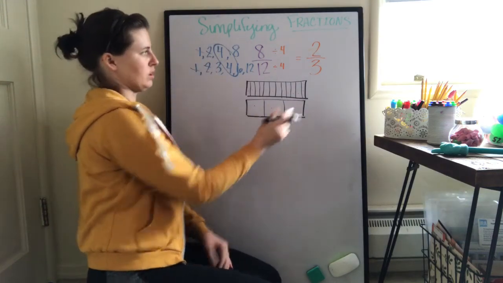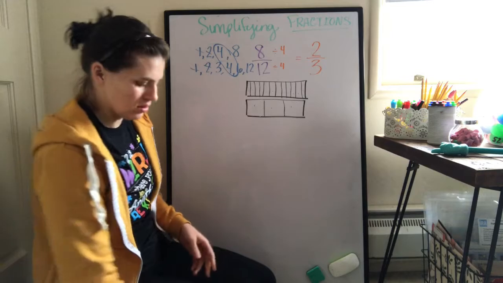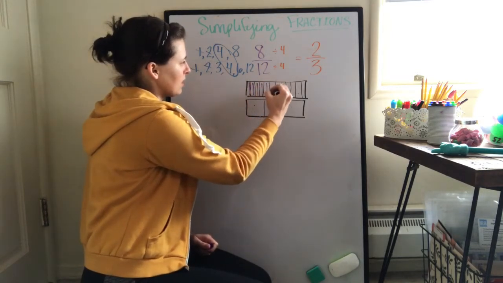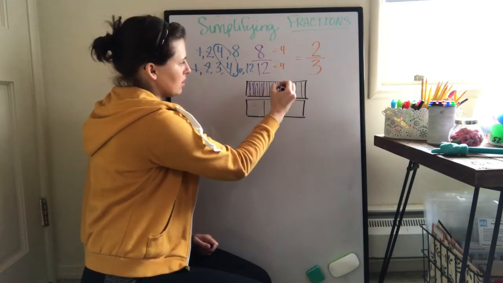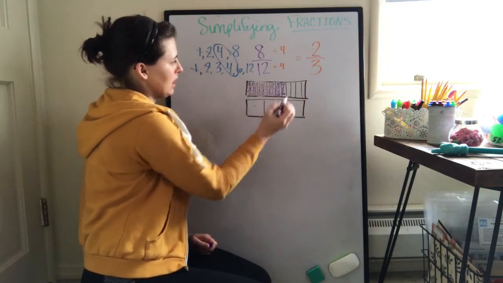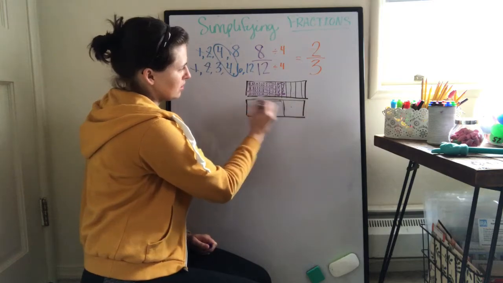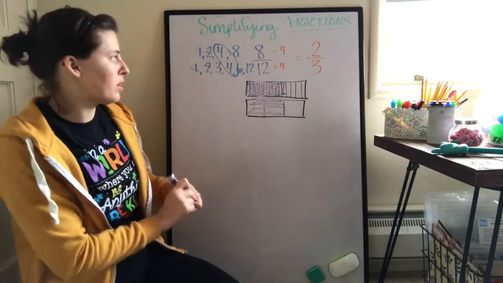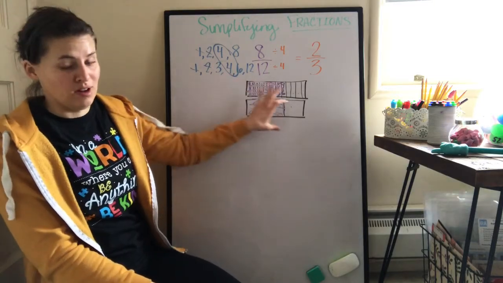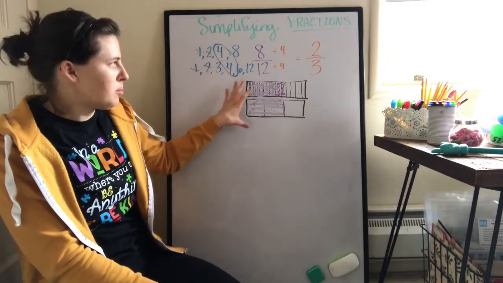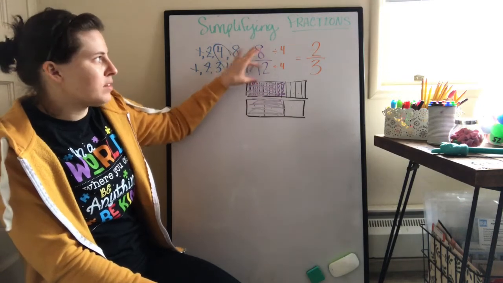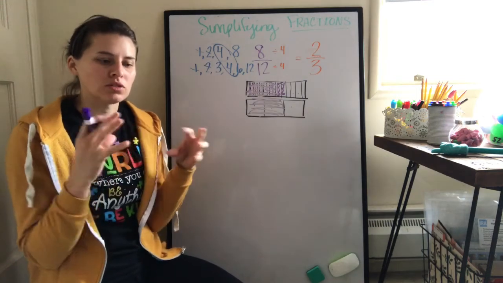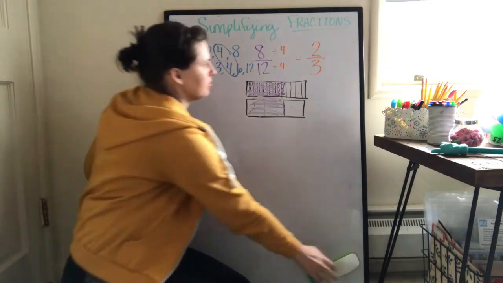Right, 1, 2, 3. So 8/12: 1, 2, 3, 4, 5, 6, 7, 8. So all of these are colored. And let's do 2/3. Okay, they're the same. What's the point I'm trying to make? I know it's not perfect because my drawing is not perfect, but they are the same exact things. 8/12 is the same as 2/3. We're just simplifying the fraction, we're just making it smaller. Let's do a couple more examples.